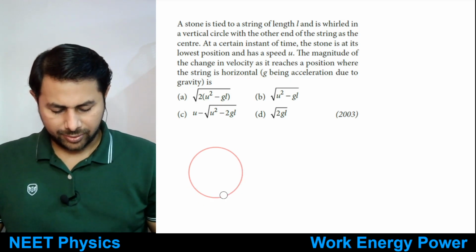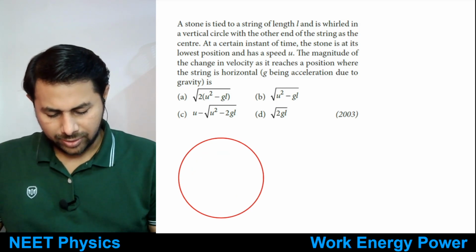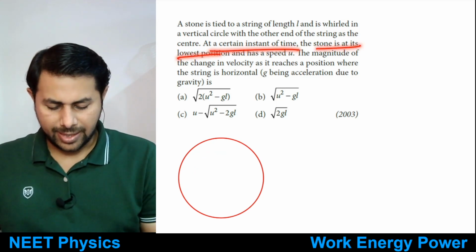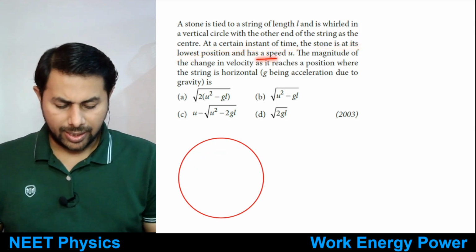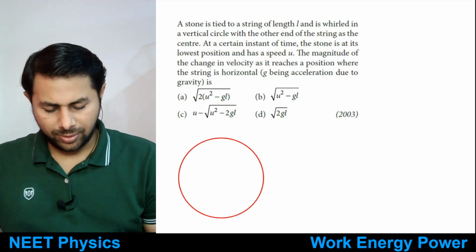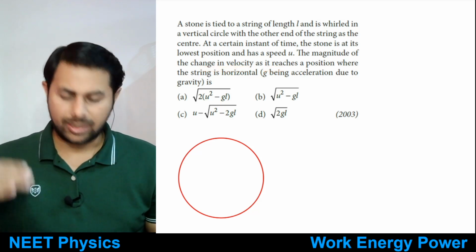All right, we have a stone tied to a string whirled in a vertical circle. At a certain time, the stone is at the lowest position and has speed equal to u. We want the magnitude of change in velocity as it reaches the position where the string is horizontal.